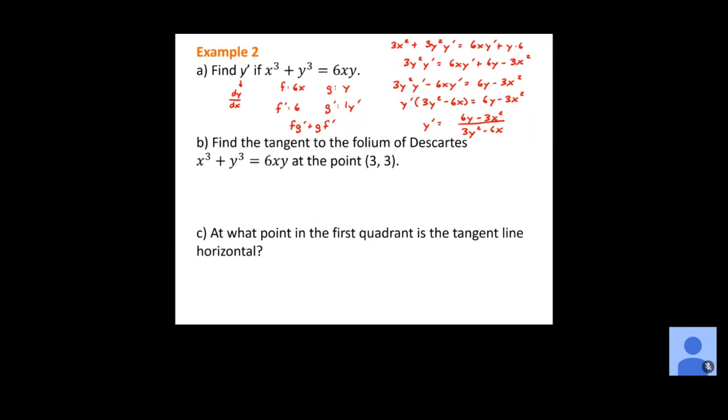Now, if you wanted to, you could factor out a 3 in the numerator and denominator and cancel out the 3's just to simplify that a little bit. But honestly, leaving it like that's fine too. Any questions on using implicit to find that derivative now?